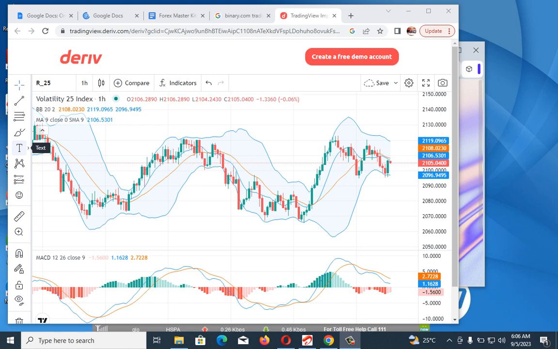You can see when it crossed here, this center line was still above the candle, and even when it crossed, there was not enough gap between the candle and the moving average. So at this point you are not advised to enter. You are advised to enter from this point.